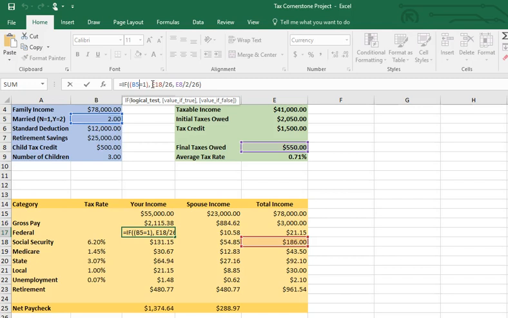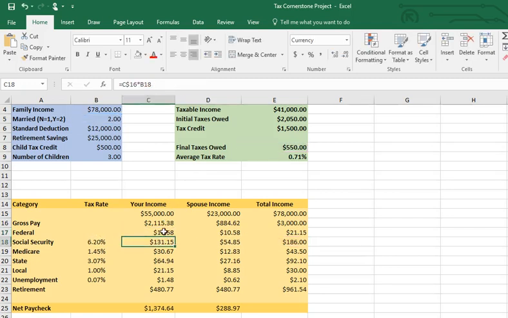That is to say, if you're the only one in the family, if you're not married, then it's going to take your taxes owed, which is right here, divide them by 26, and that's what's going to come off your paycheck. So that would be this number right here. If B5 equals 1, then we take your taxes divided by 26, and that comes off your paycheck.